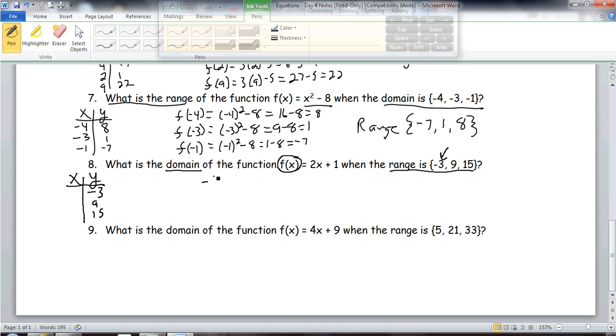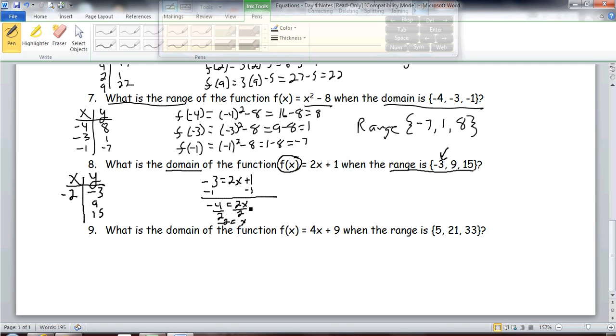So when I have -3 equals 2x plus 1, I subtract 1, then 2x divided by the coefficient. In this case, x equals -2.